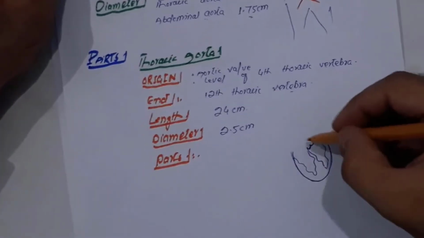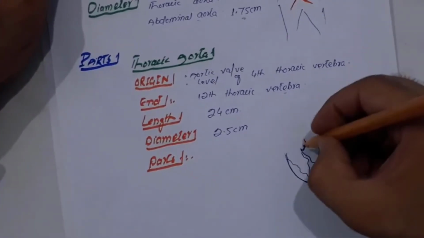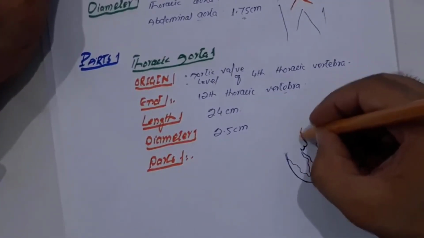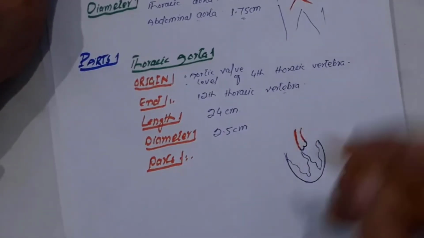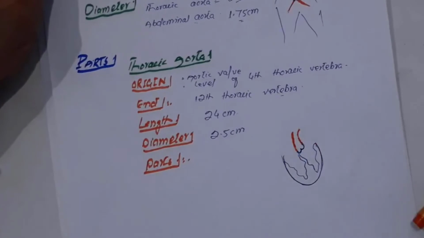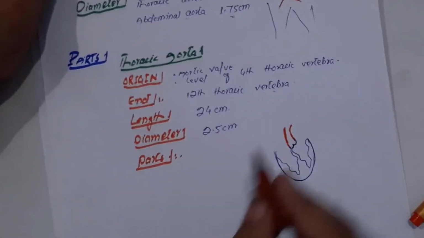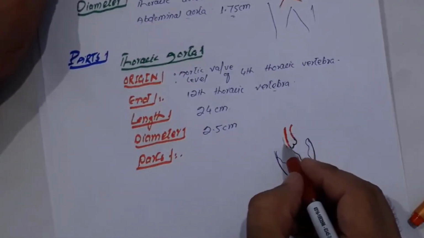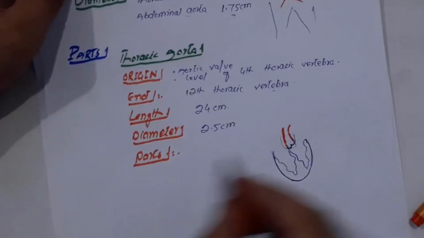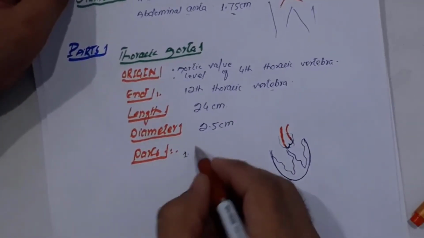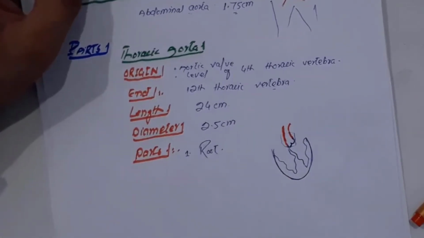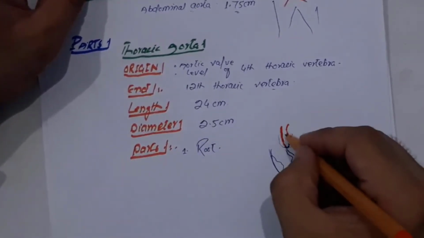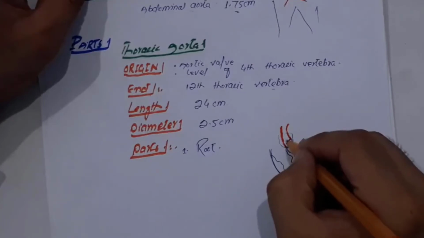So from here aorta arises. This is the origin point from the left ventricle at the aortic valve. This is our aorta. So let me write the parts. This point where the aorta arises is the first part of aorta, and this is the root of the aorta.